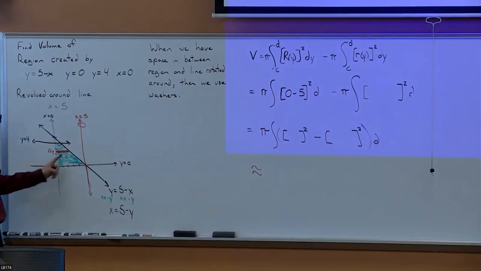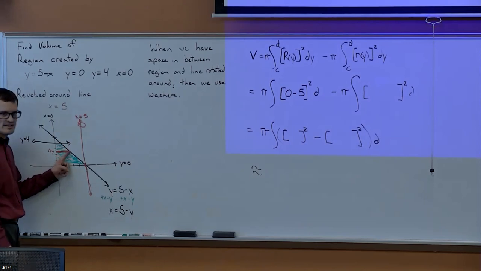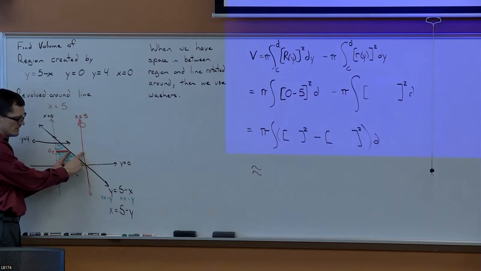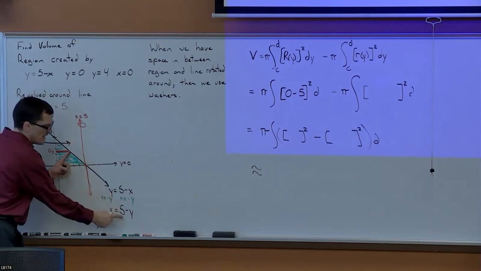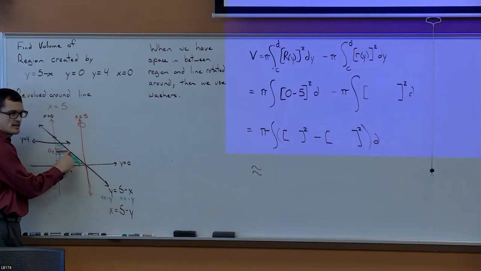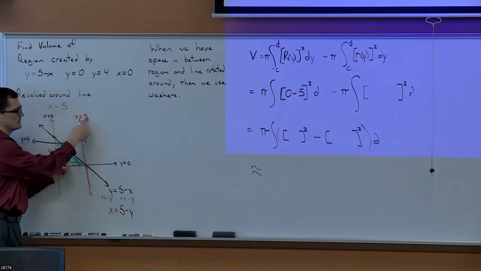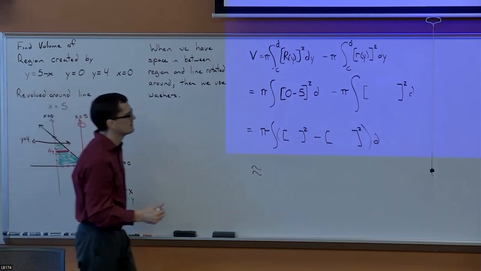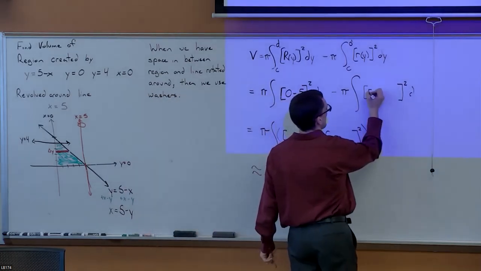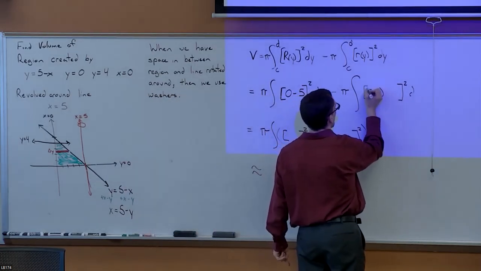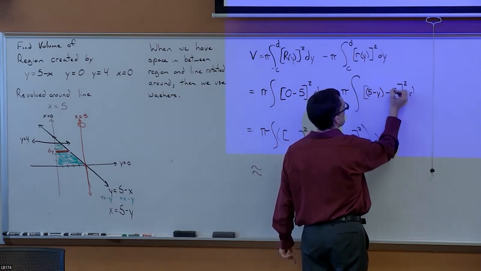Then the inside of the rectangle to the line I'm rotating around is going to go from 5 minus y down to 5. So it's going to do 5 minus y down to 5.